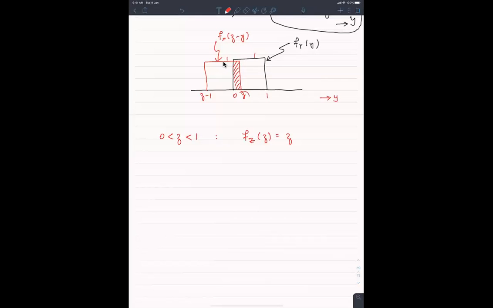Whenever this z is between 0 and 1, तो ये देखें, इसको अगर मैं रेड वाले को स्लाइड करके थोड़ा सा और राइट पे ले जाऊं, और राइट पे ले गए, but we made sure that this z is to the left of this one, so that z is between 0 and 1, तो हमारे पास area under the curve जो होगा वो ये होगा, which will be equal to z. This is exactly the same expression that we got yesterday in the previous lecture, कि whenever z is between 0 and 1, fz of z is equal to z.